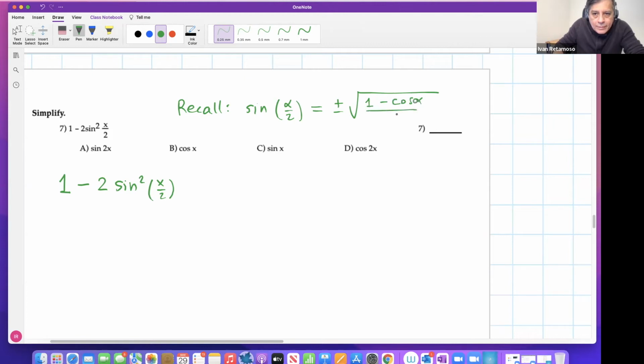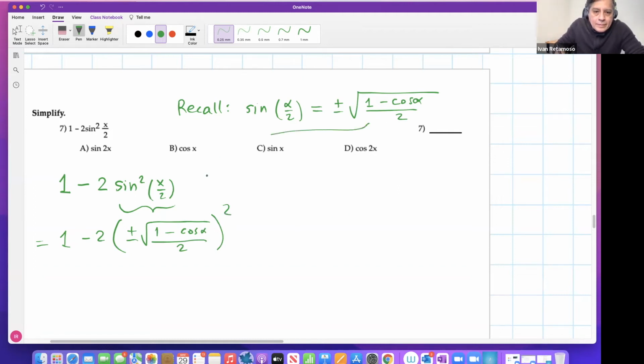We're going to recall that and do that here, and we will say that this should be equal then to the following: the square of this, plus minus the square root of (1 minus cosine of alpha) over 2, all squared. And putting this in here, maybe.